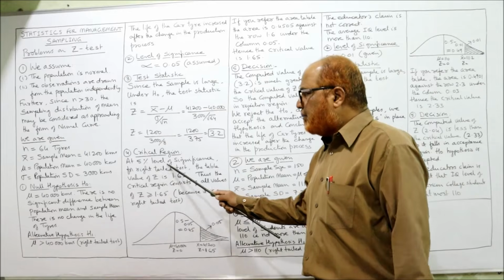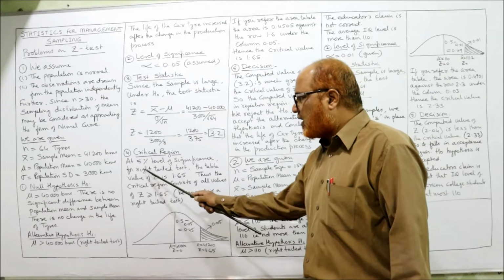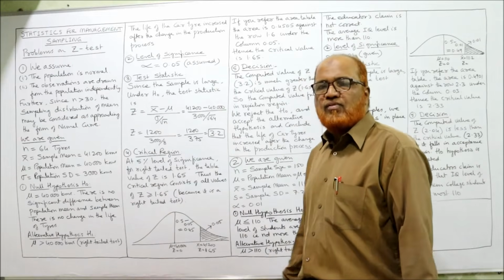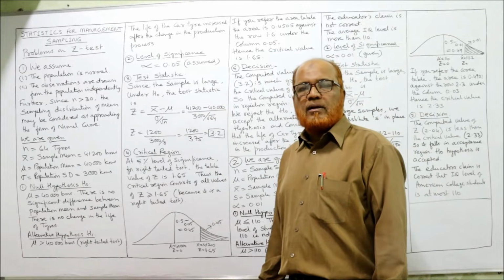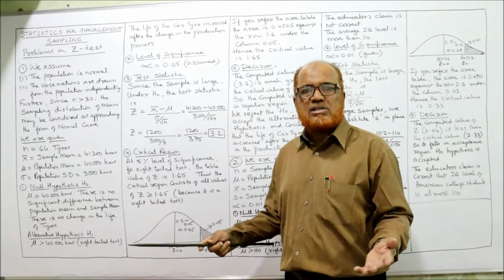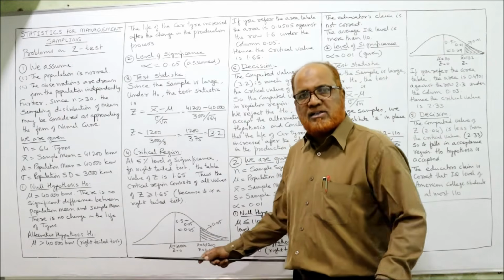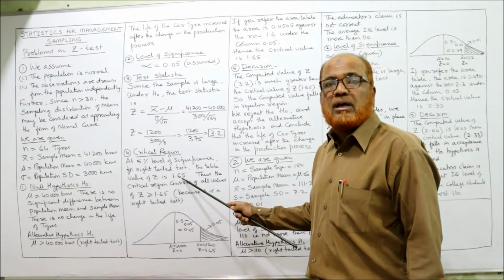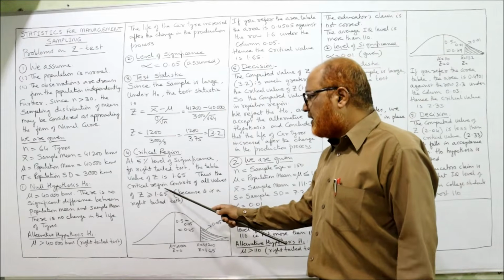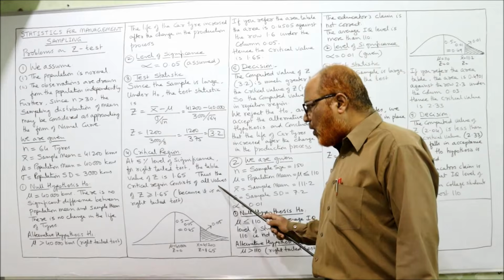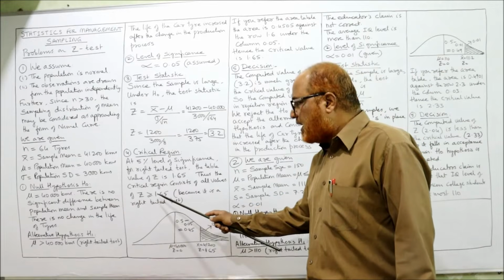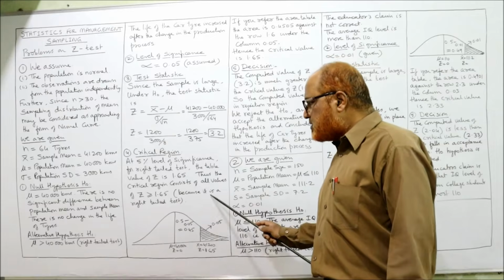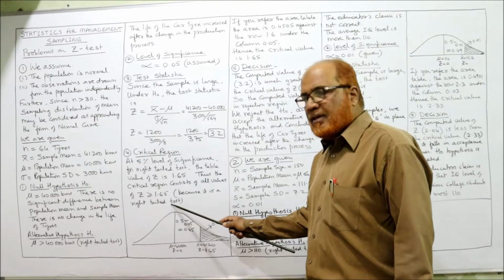So here at 5% level of significance for a right tail test, the table value of Z is 1.65. Now you may get confused about how we got 1.65; I will explain. So 1.65 is the critical value or table value. Thus the critical region consists of all values of Z greater than or equal to 1.65, because it is a right tail test.